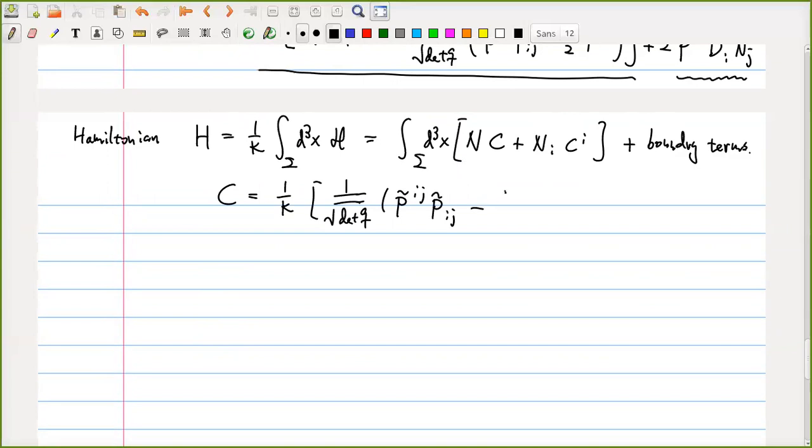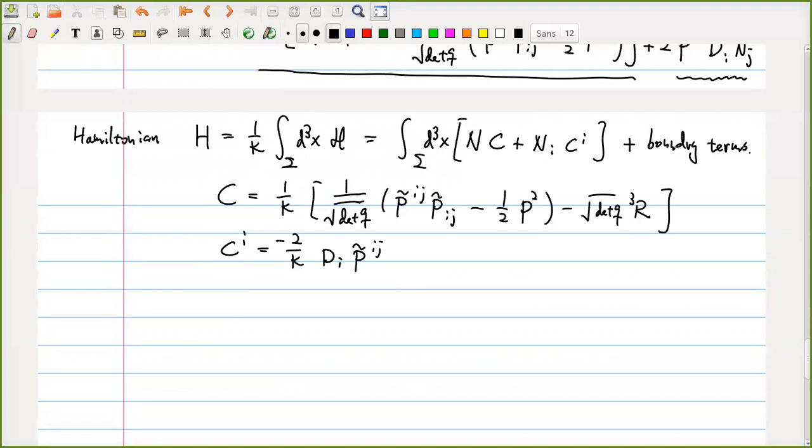Minus 1/2 P squared minus R. Okay, and here C_i equals minus 2 over kappa times P_i^j, covariant derivative little ij.